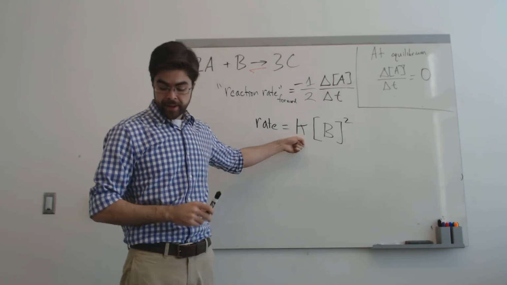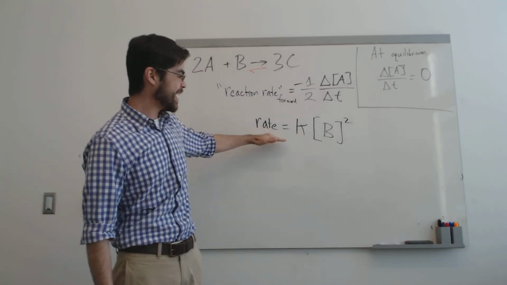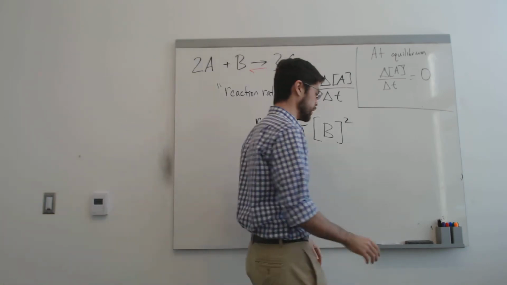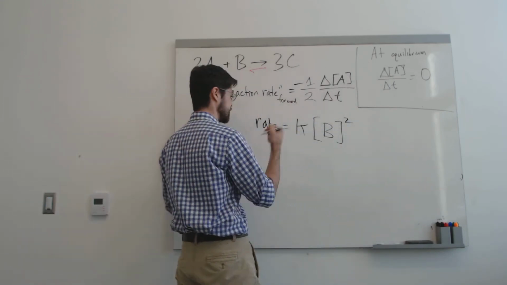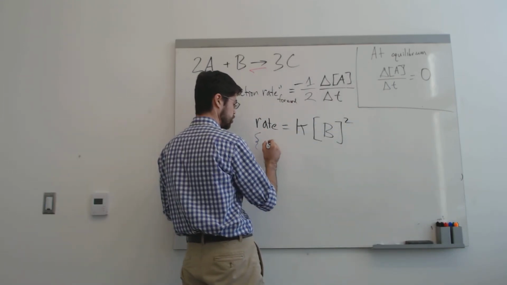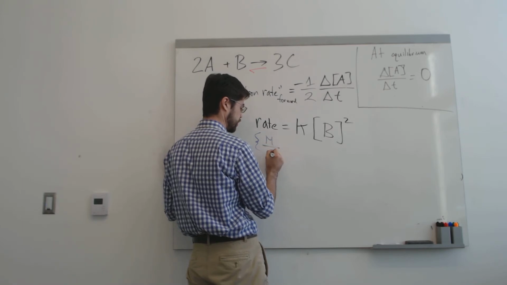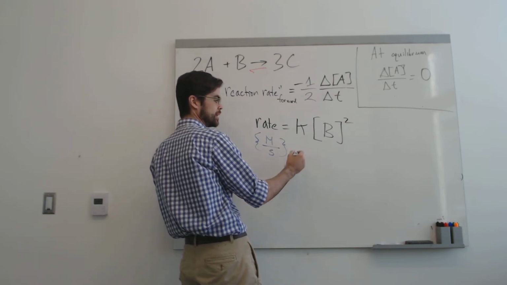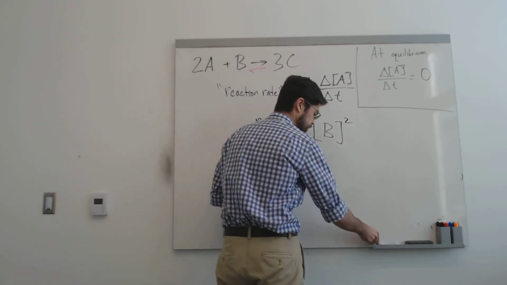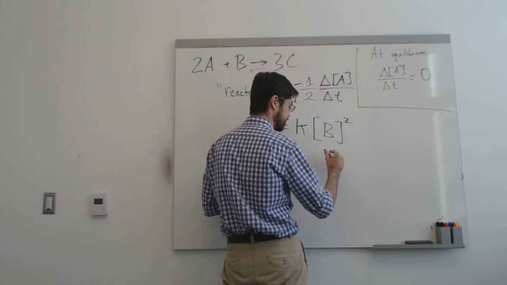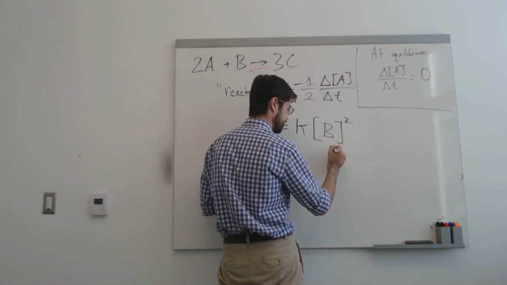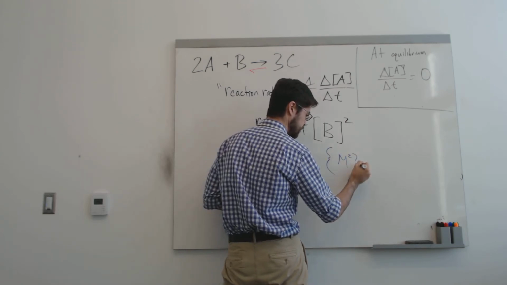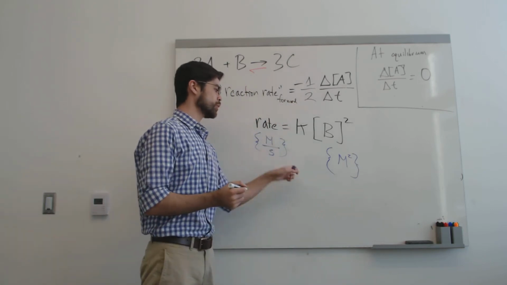So where does the rate constant come into play? Well, it kind of needs to be there for the equation to make any sense at all. What do I mean by that? Well, check the units. The units for rate should be molarity per second, how the molarity changes as a function of time. The concentration of B here is going as the square of B, so it goes as molarity squared.